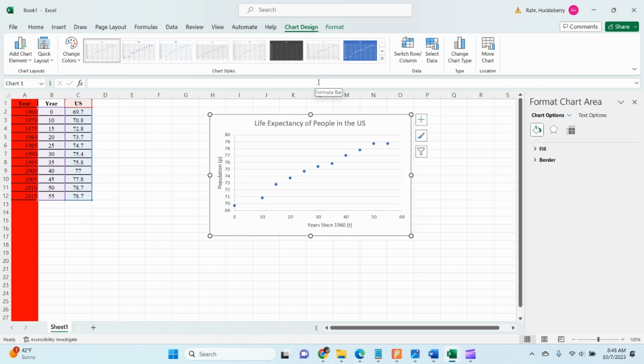And under that, it'll say horizontal axis and then horizontal label. And then you'll get a box and you can type in years since 1960. And then below that, it'll say vertical axis and then vertical label. And then you'll put population. So you'll just have something right about here, about halfway to two-thirds of the way over, that says axis labels. So it's a little bit different on an Apple.